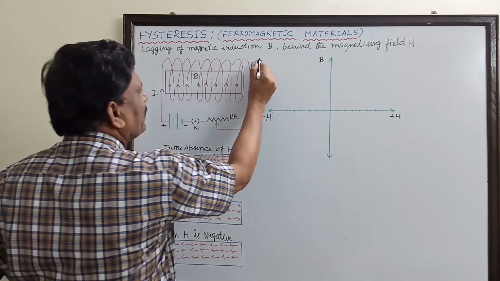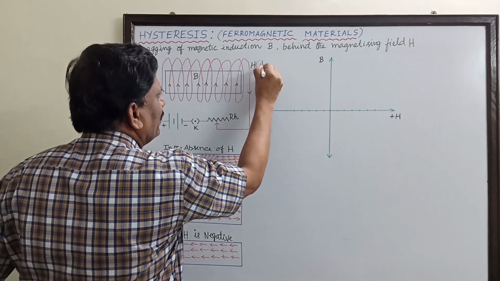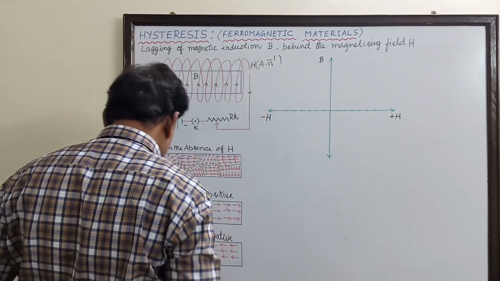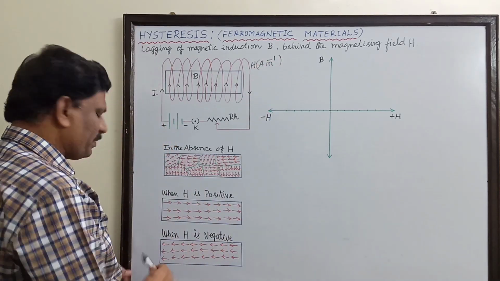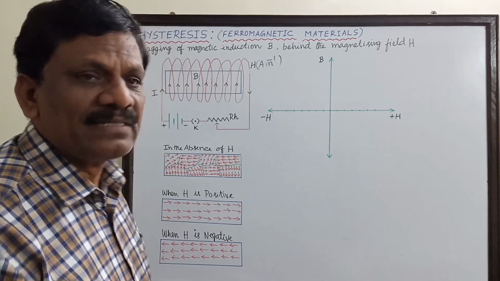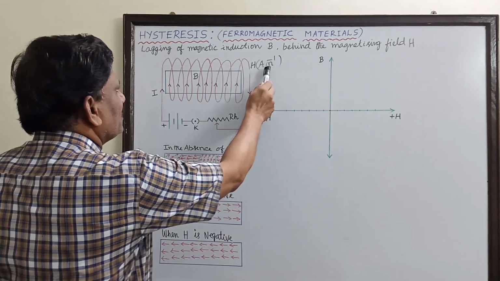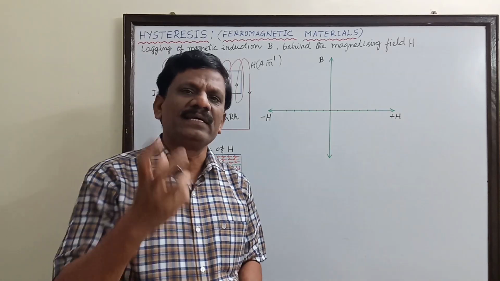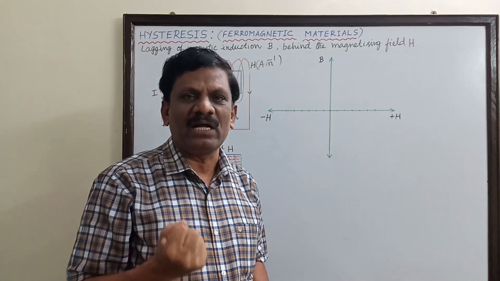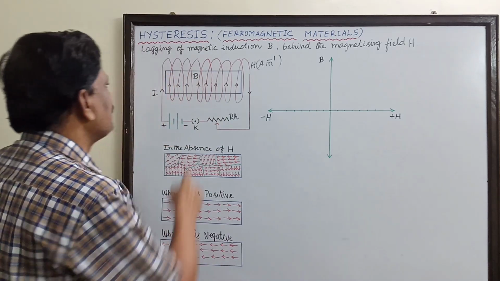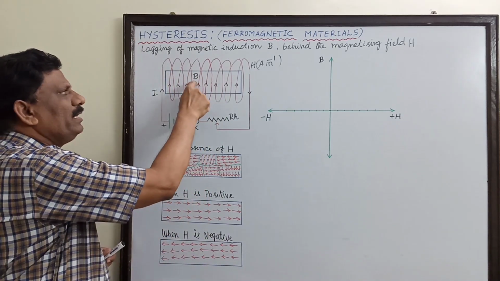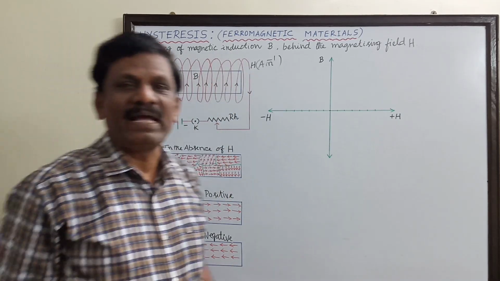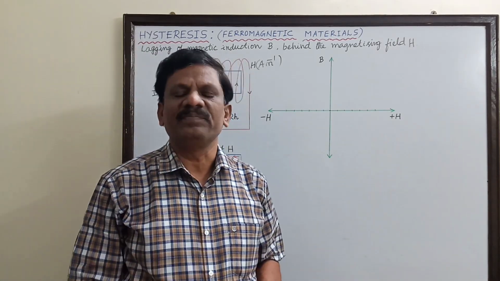H is expressed in the unit of ampere turns per meter. So this is the unit for the magnetizing field. Now the magnetic induction acquired by the sample is denoted by the symbol B. So B is called magnetic induction or the magnetic flux density.